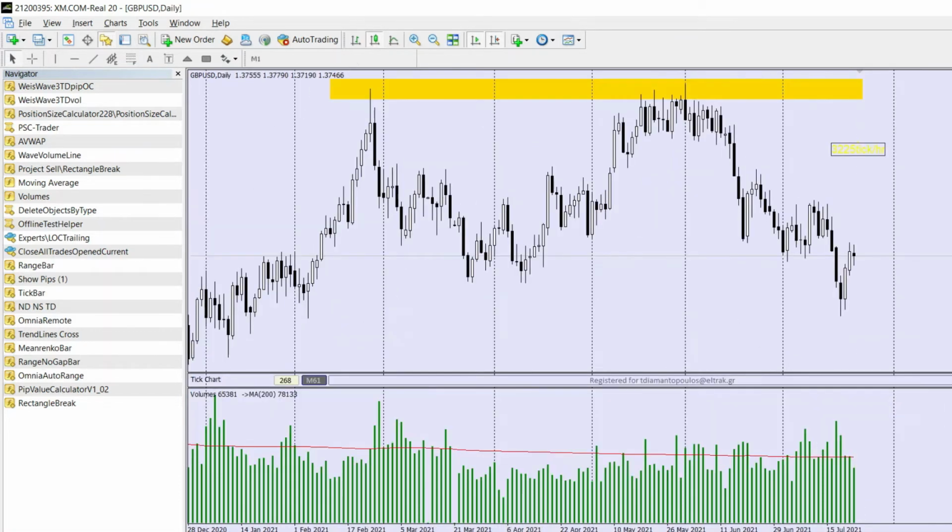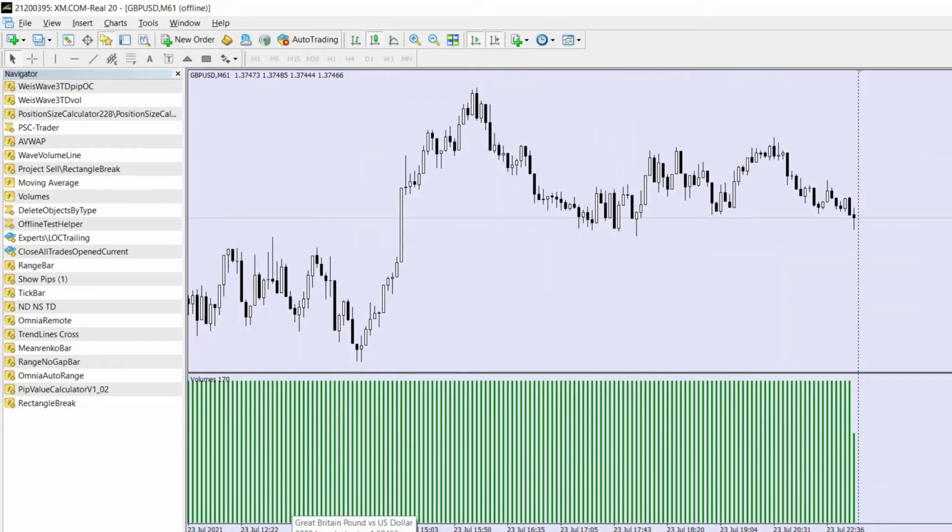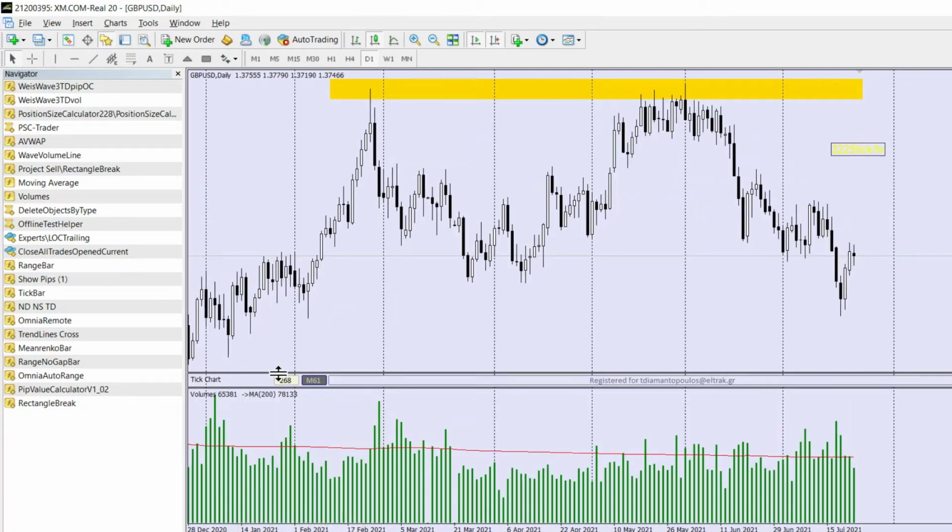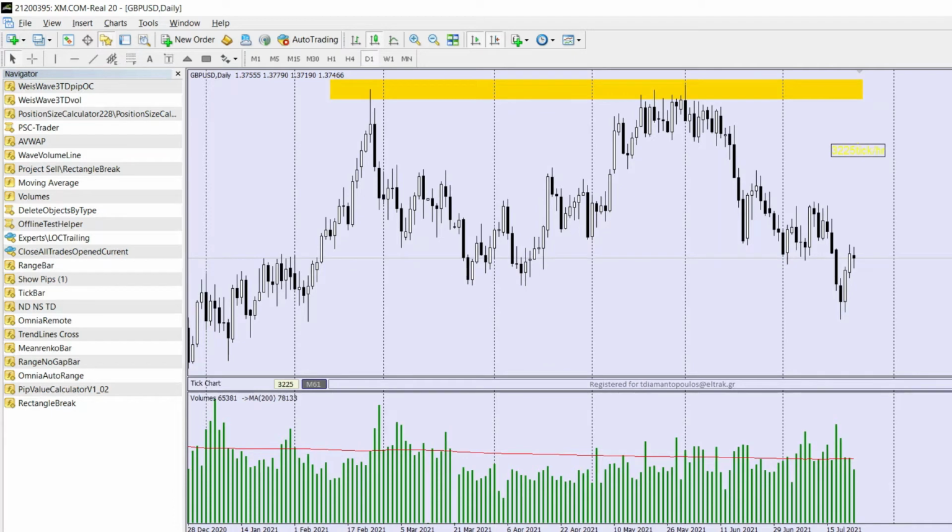All right, now let's compare the charts a bit. I will go back to the 1 hour, so 3,225 ticks. There is also a nice remote control tool which you can install on your tick chart, and this OVO site, Milan is giving it for free.